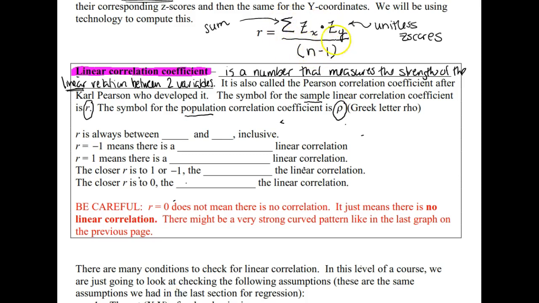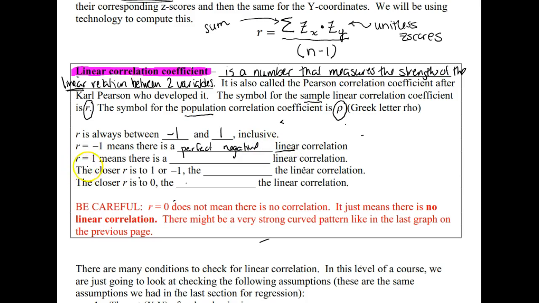So this formula, if we were to have to compute values of r, using the formula versus technology, r is always a number between negative 1 and 1 inclusive. Okay? r being equal to negative 1 means that we have a perfect negative linear correlation between the two variables. Now with real world data, that's never going to happen.